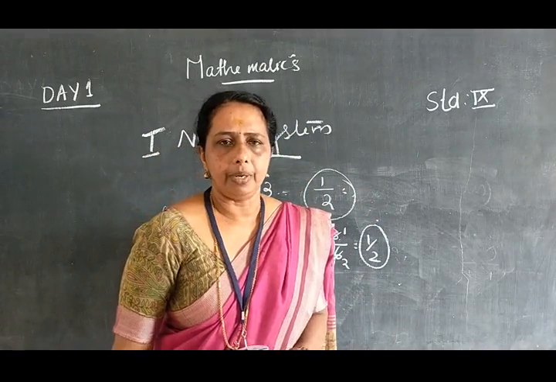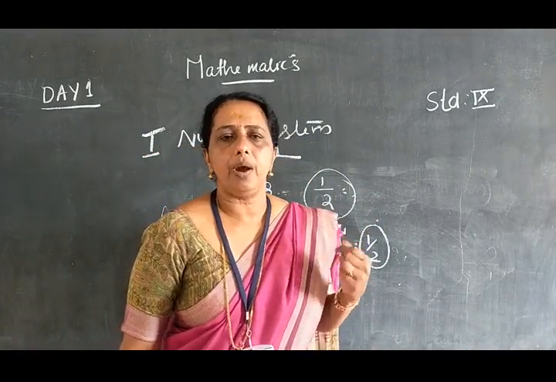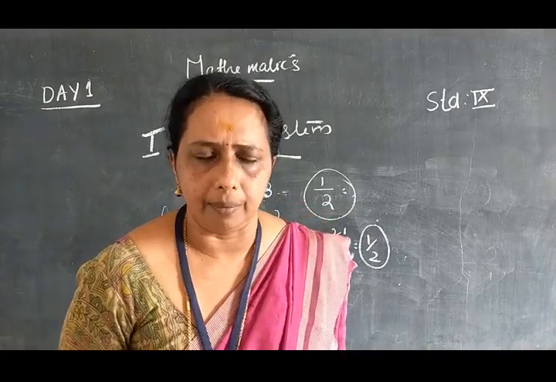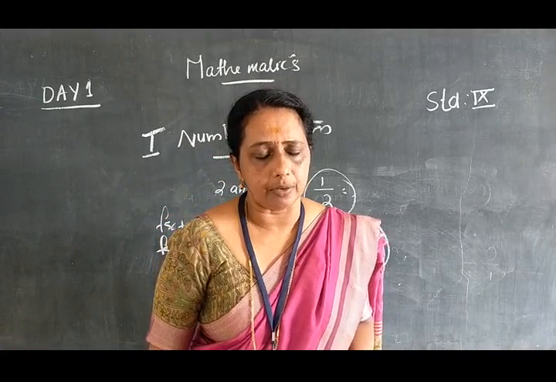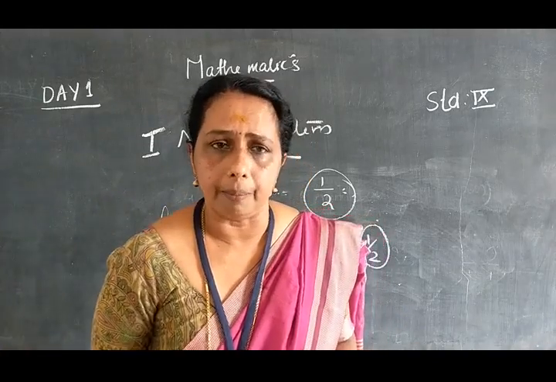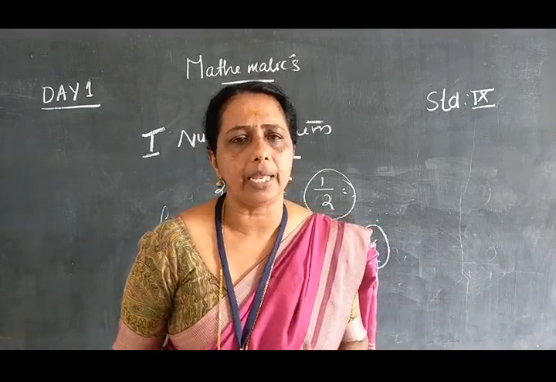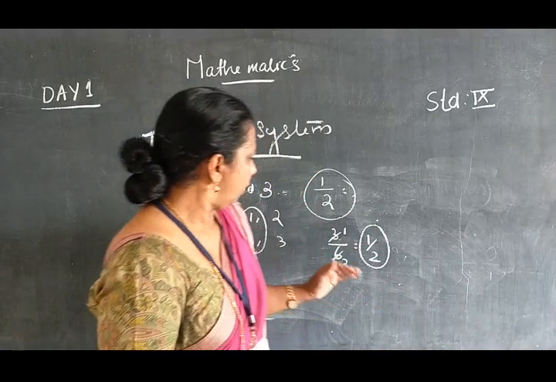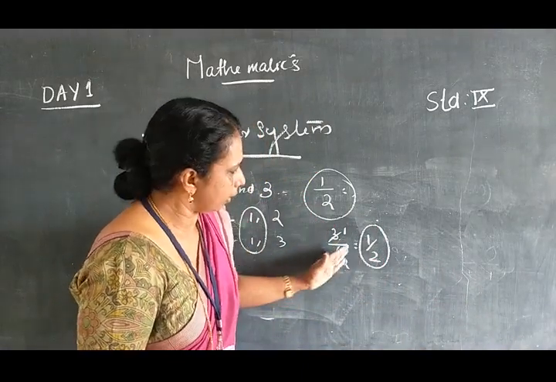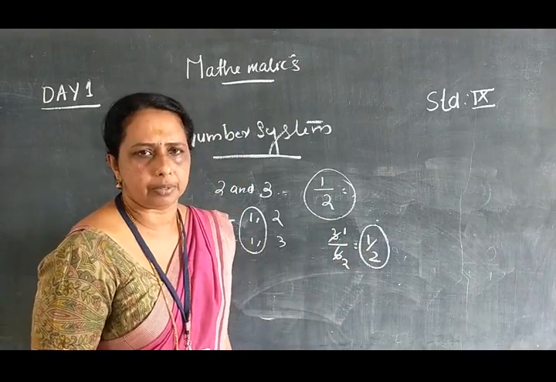A number which can be written in the form P by Q, where P and Q are integers and Q is not equal to 0, is called a rational number. One more condition we have to add here: P and Q are co-prime numbers. That is, numerator and denominator have only 1 as a common factor. So, 3 by 6 is a multiple of 1 by 2; cut and write, and we get the form P by Q where P and Q are co-prime numbers.